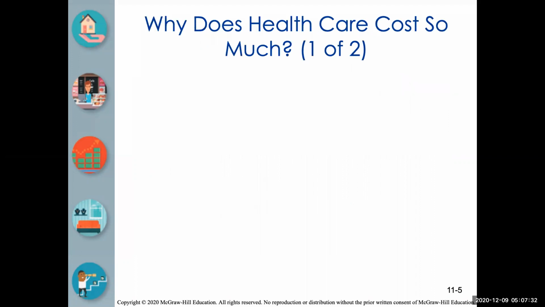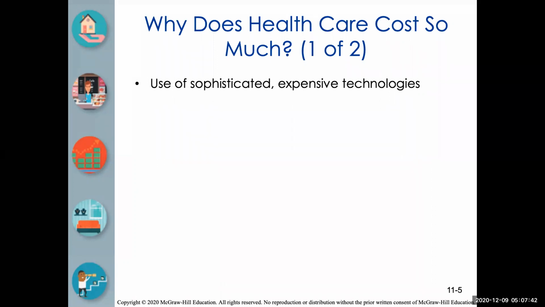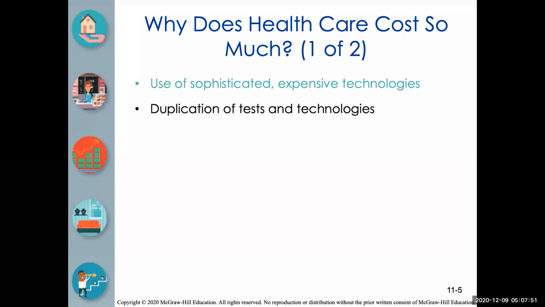So why does it cost so much? Well, because of the competition that we have for healthcare in the United States, it has created very sophisticated and very expensive technologies. We've got duplication of tests and technologies.